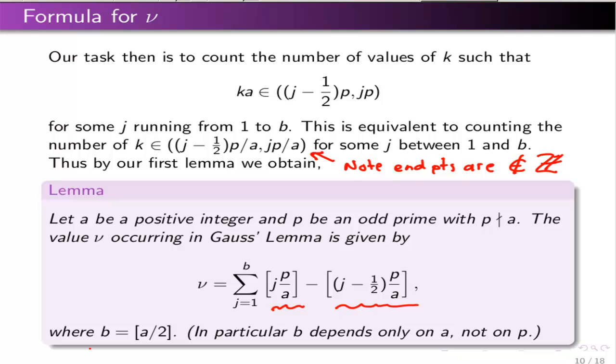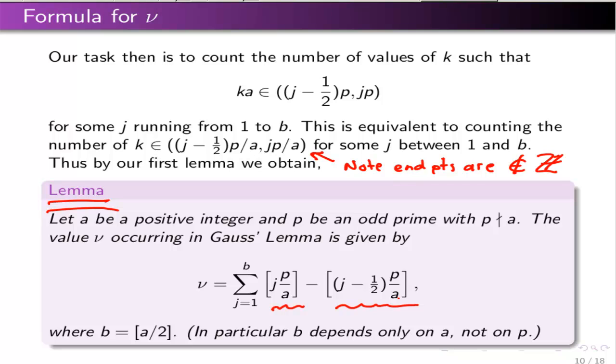So the value of nu occurring in Gauss's lemma, I just want to sum the number of integers in these intervals as j runs from 1 to b. And so we've established this lemma right here. The value nu occurring in Gauss's lemma is the sum of this quantity right here.